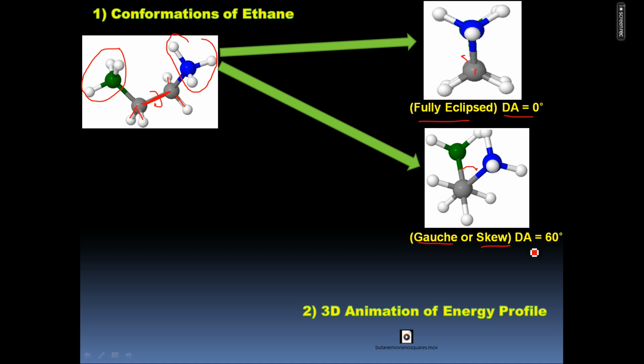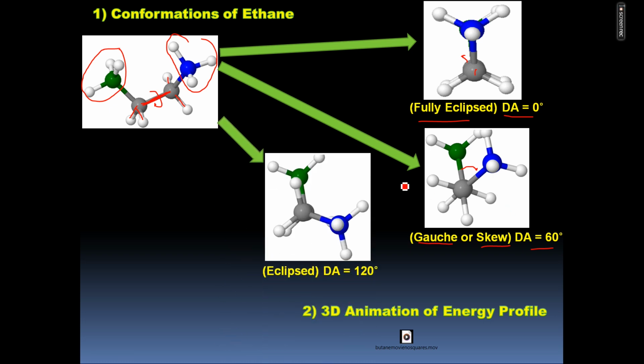The dihedral angle is 60 degrees. In this case, you can see clearly the methyl groups have now moved apart, so torsional strain has been reduced and steric strain has been reduced. So this is comparatively more stable than the fully eclipsed conformation.